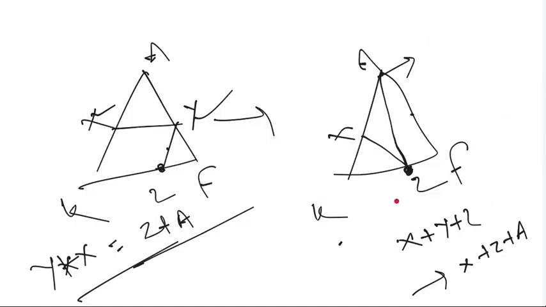Like this is your x plus y plus x, z plus a, x plus a. It will be z plus a. These lines we do not consider; we only consider the in-between lines.